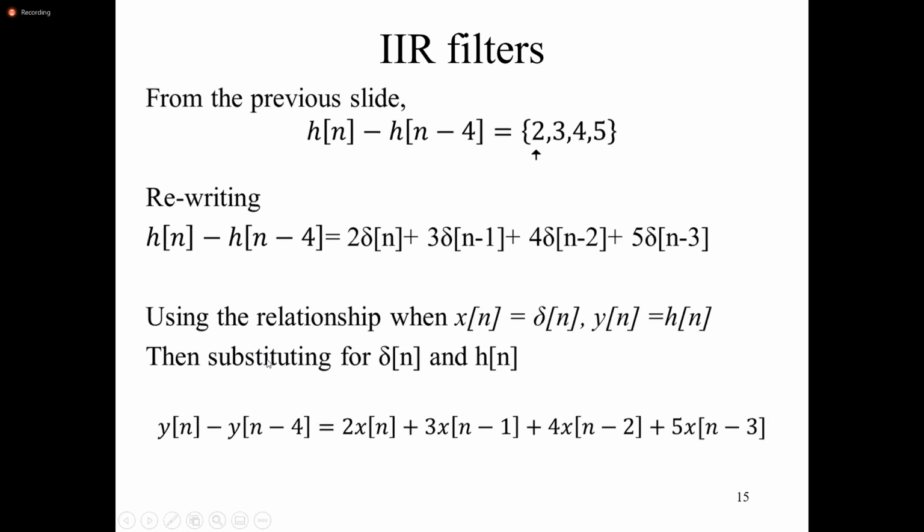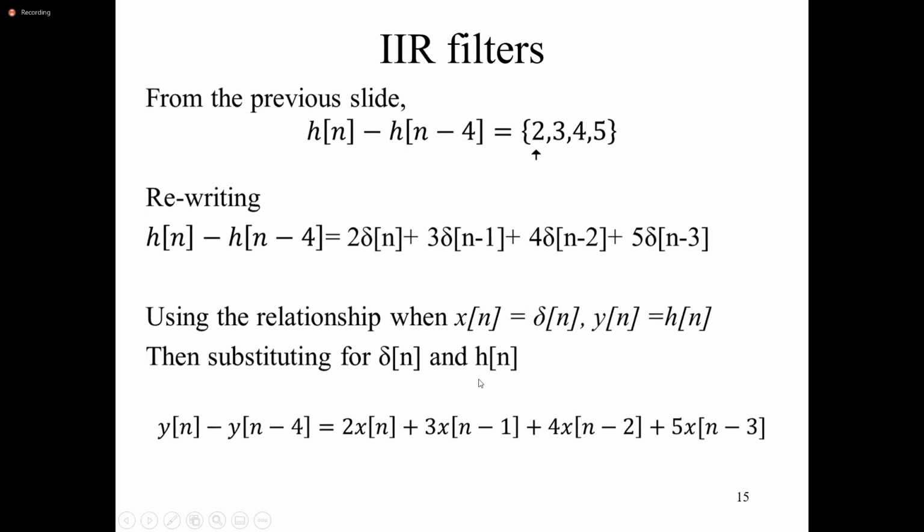And then I remind you that I had said one very useful property about our delta function is that when you input your delta function to a filter, what comes out, your output y of n, is what your impulse response is.